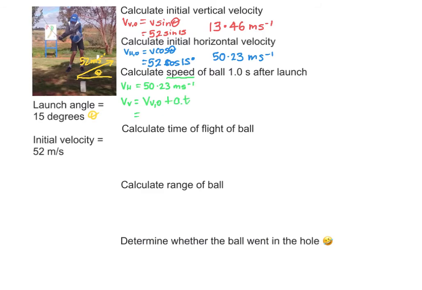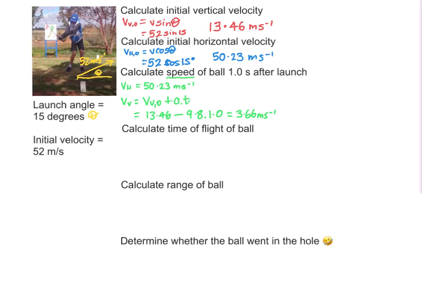When we substitute in there, we get 13.46, and a plus and a minus make a minus, so minus 9.8 times 1.0 seconds, and that is equal to 3.66 meters per second.